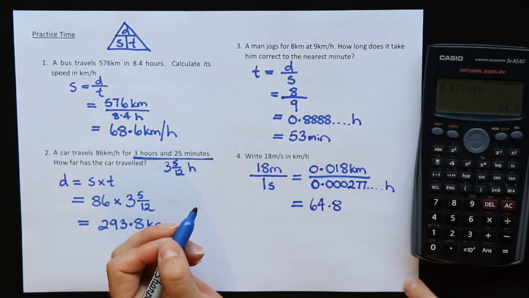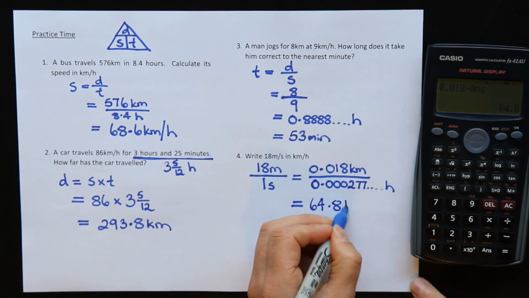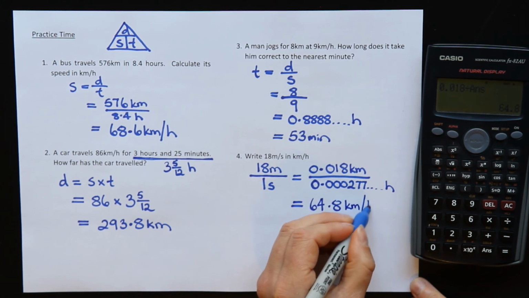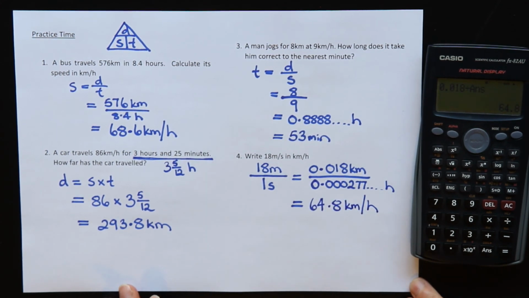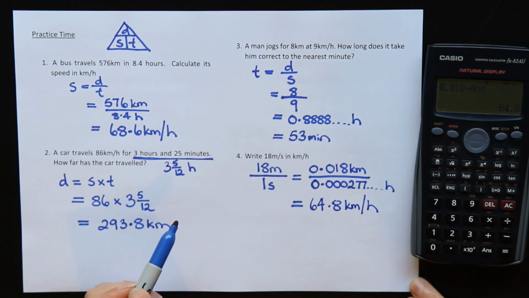Exactly, a nice number after having that long decimal. 64.8 kilometers per hour. So that was a bit of a challenge there at the end. So be very, very careful when changing from meters per second to kilometers per hour. You get some very small little numbers in here.